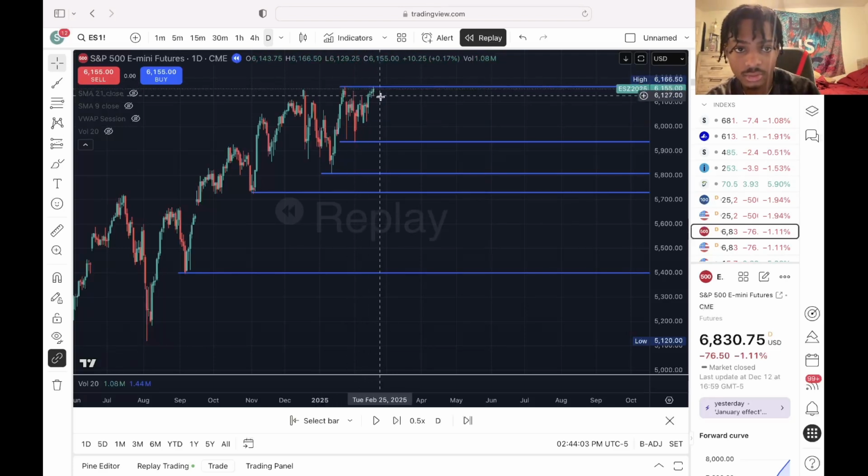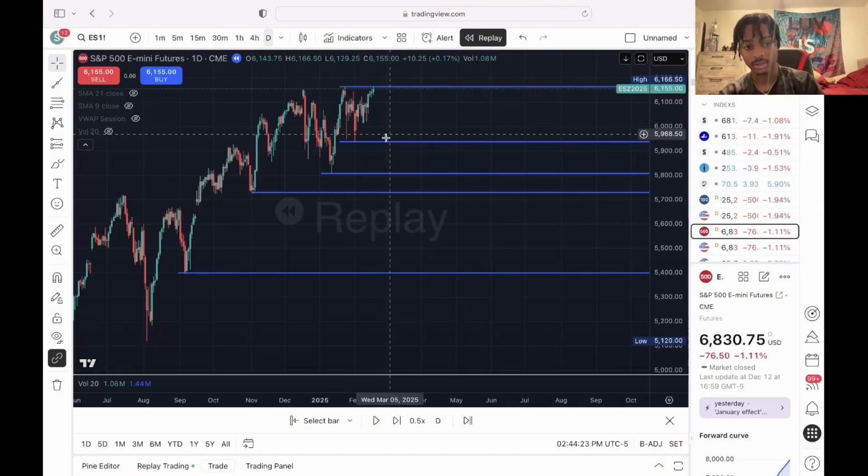No. Also, did we sweep up and out and close above this zone? No. Because if you look here, we didn't sustain it and we actually closed below this level right here. So what does that tell us? Price is most likely going to either sweep out these lows or just retest and bounce back up.